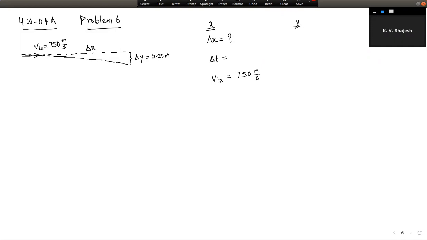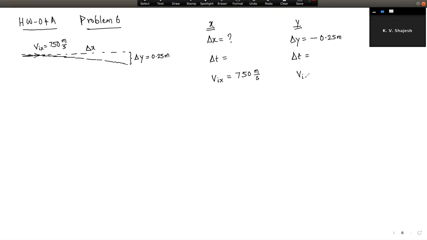In the y direction, we have delta y given to us to be minus 0.25 meters, so that's crucial. Again, choosing everything to be positive in the upward direction when it comes to y. Delta t is common to x and y, but we don't know that.